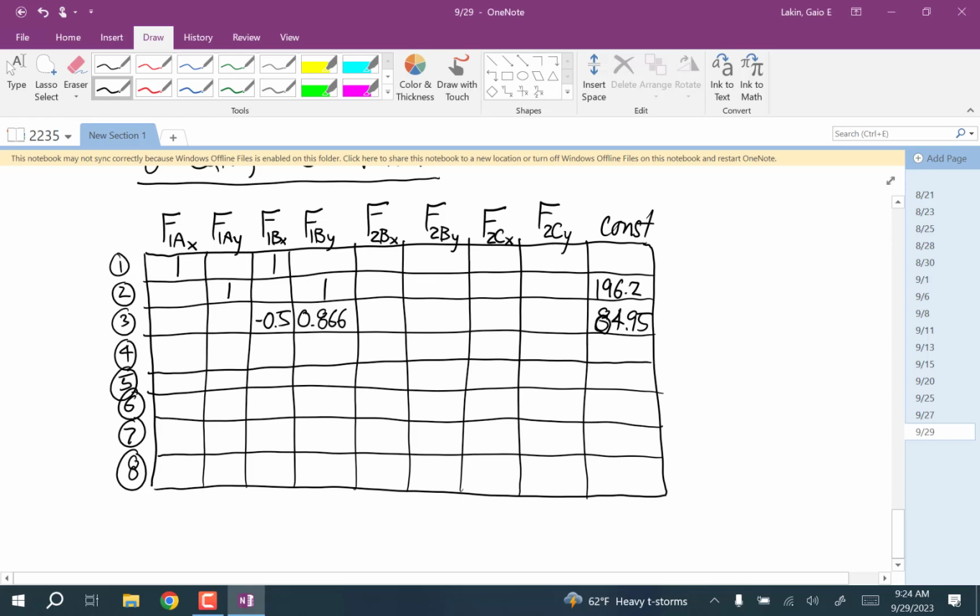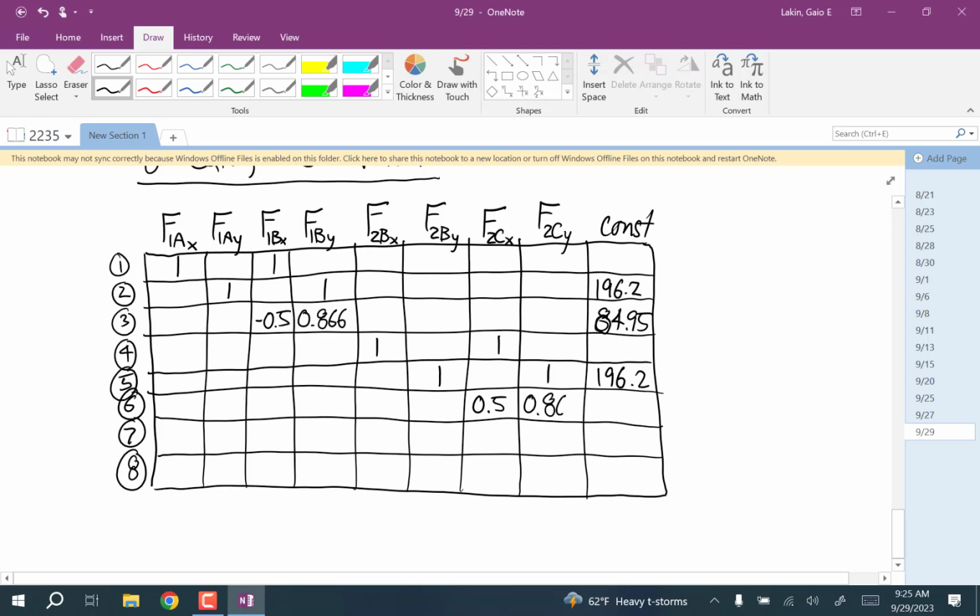Equation 4, F2BX has a 1. F2CX has a 1. And the constant is 0. And then the y variables have 1s, and the constant is 196.2. And then 2CX has a 0.5.